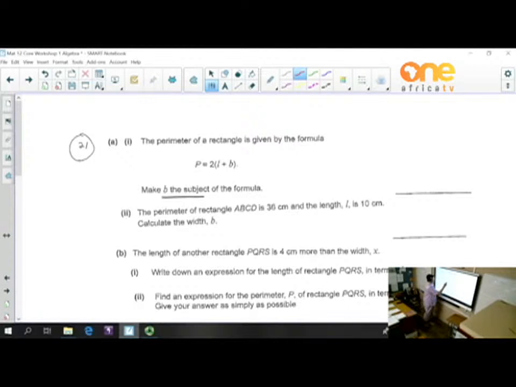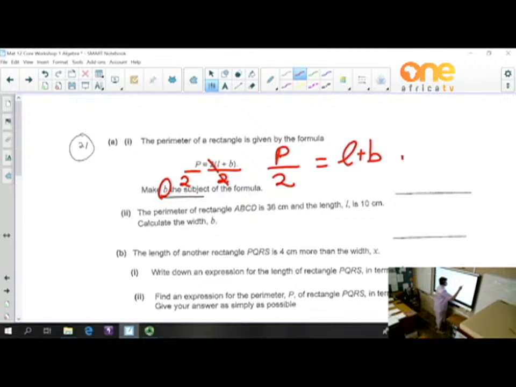I will in the first place get rid of the 2. So that will then be P divided by 2, because it's always opposite operations. So to get rid of the 2, you divide by the 2 here and cancel. So P over 2 is equal to length plus breadth. But the breadth must be the answer. So it is then P over 2 minus the length, which will give you the breadth.